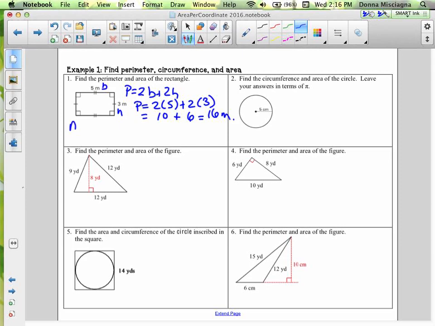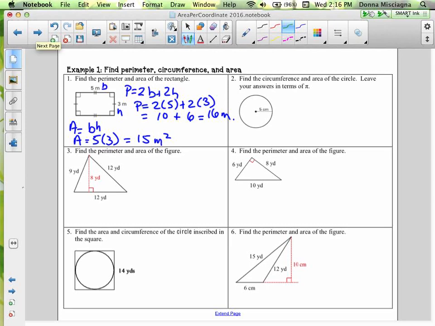The area would be, let me write the formula down too, since we're reviewing that. Base times height, so the area would be 5 times 3, or 15 meters squared. That's all there is to it. And it will do the same thing when it's on the coordinate plane. We just have to work just a little bit harder to find our measurements sometimes.